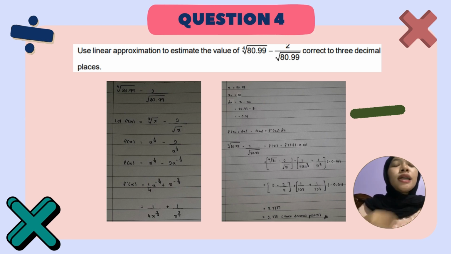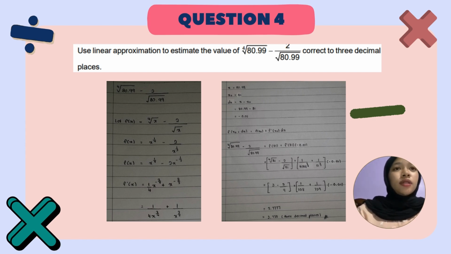Next, we will use the formula f(x naught plus dx) equals f(x naught) plus f'(x naught) dx. So by using the values given, the fourth root of 80.99 minus 2 over square root of 80.99 equals f(81) plus f'(81) times negative 0.01.